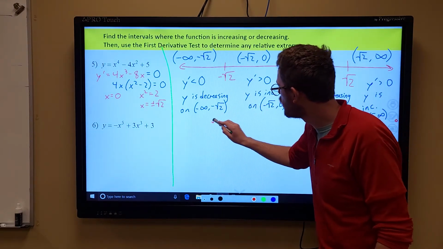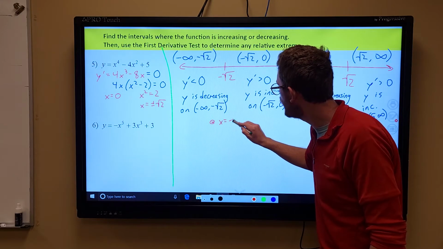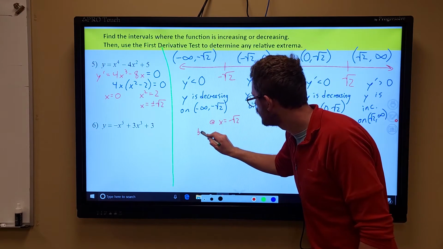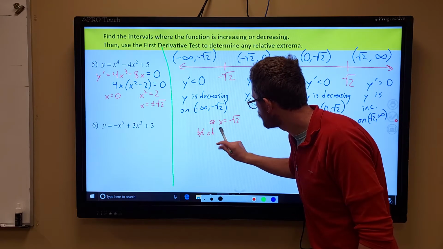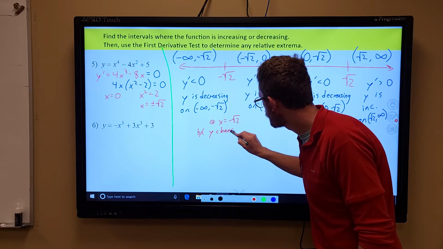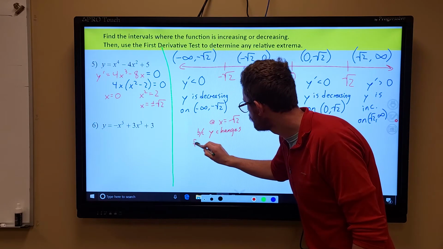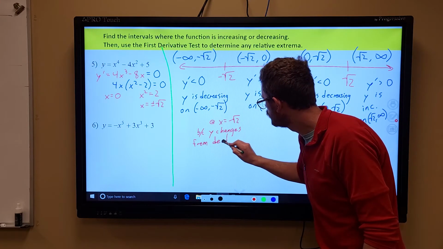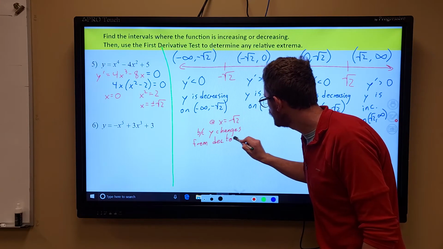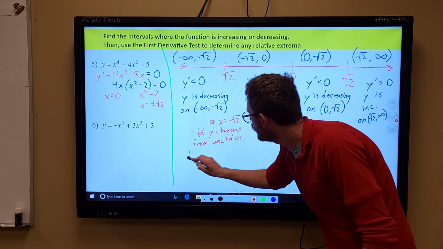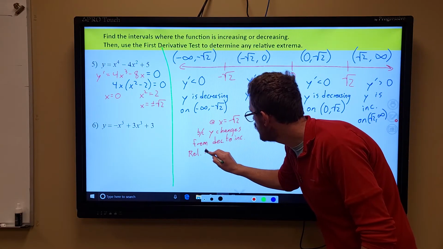Right here, at x equals negative square root of 2, because y changes from decreasing to increasing, we have a relative minimum.